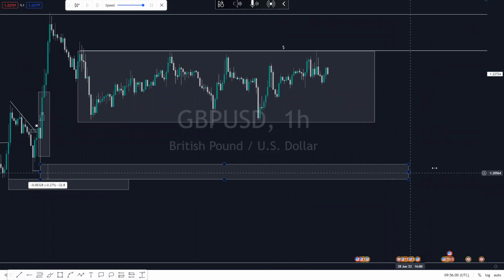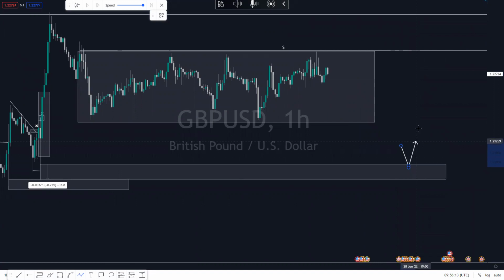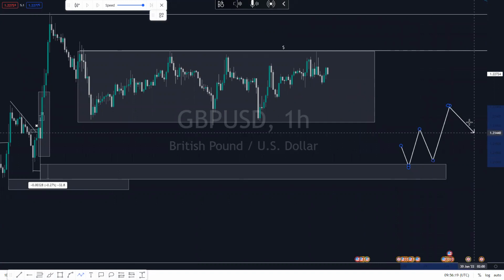So once price gets to this particular region here, we have to be patient next week. If price can get here, what I'm going to be expecting is something like this, then like this, and like this.